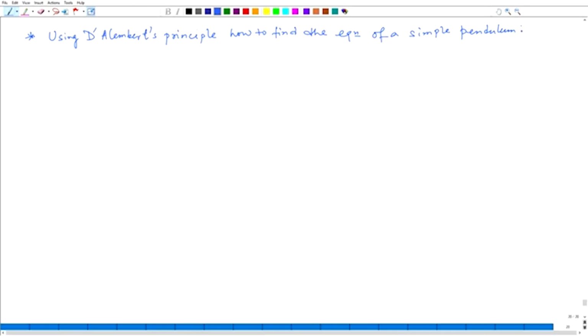First, the challenge is that we do not write anything about the tension force. We forget that, and still we try to find the equation of dynamics.